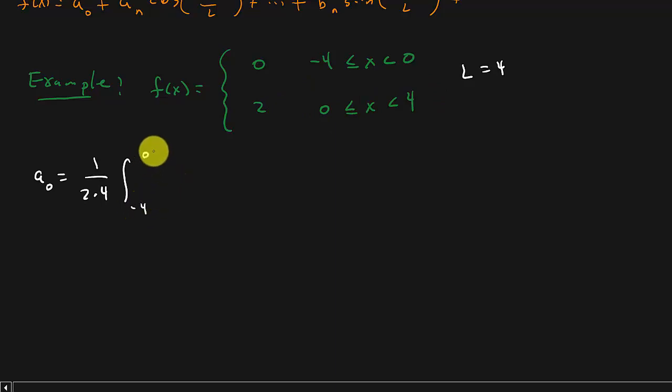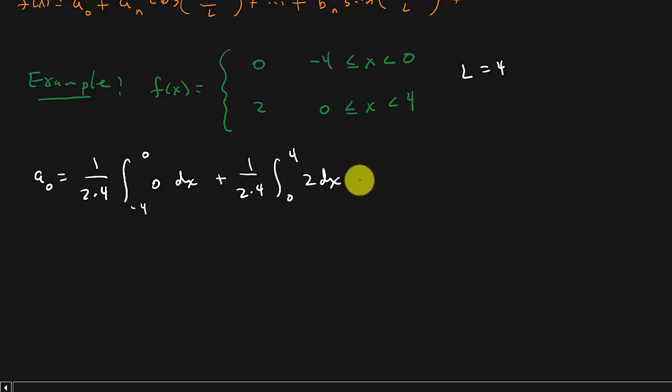That's negative 4 to 0, and the function here is 0 dx. That's nice. Then that right there just goes away. And then that's going to be plus 1 over 2 times 4, and that's 0 to 4 of 2 dx. Okay.